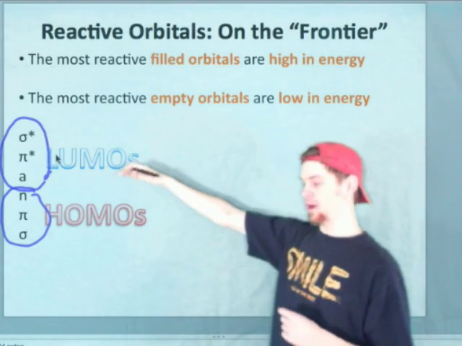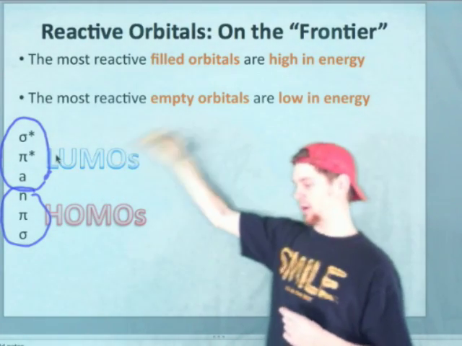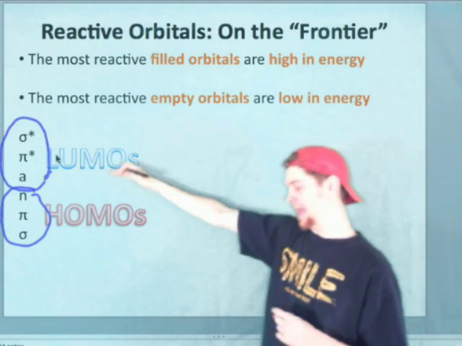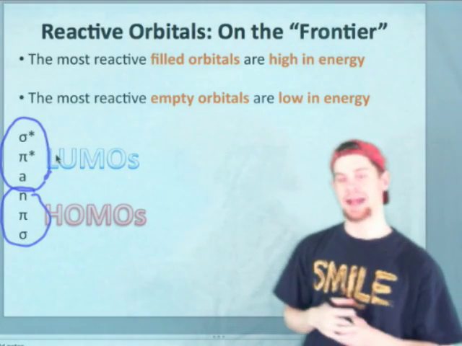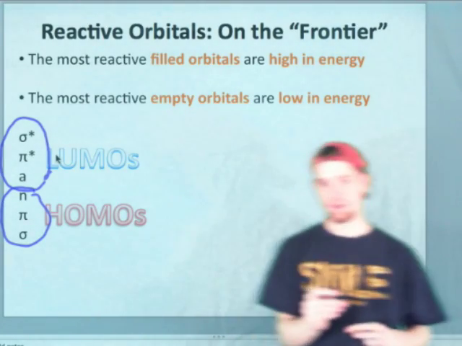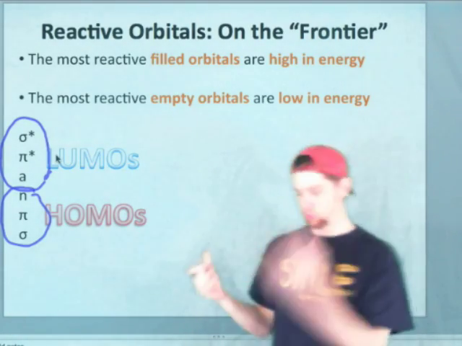Then moving on up, A orbitals are slightly higher than N, moving to pi star and sigma star. So really it's the A, the N, the pi, and the pi star that are going to be your most reactive orbitals.